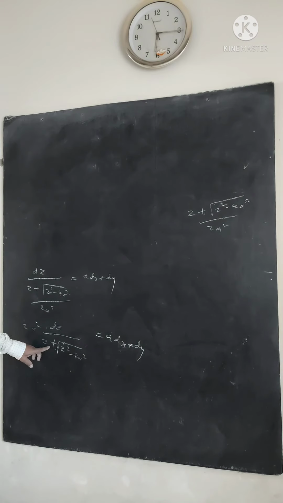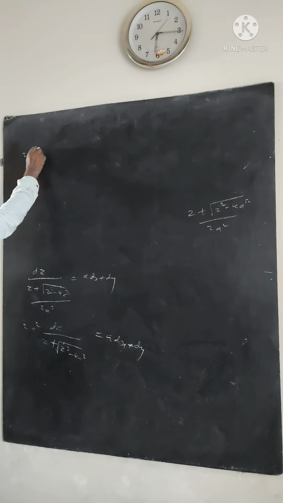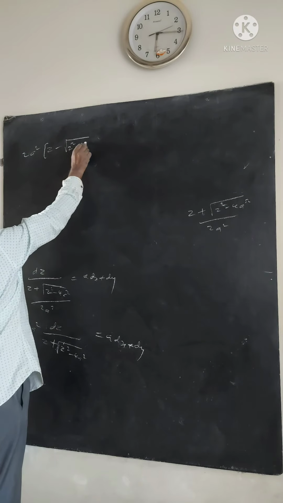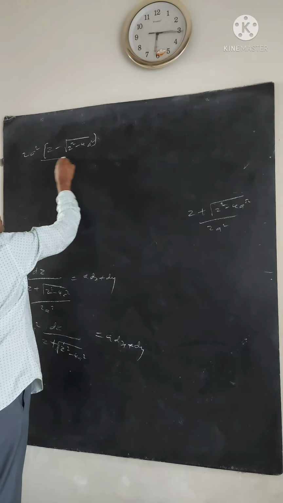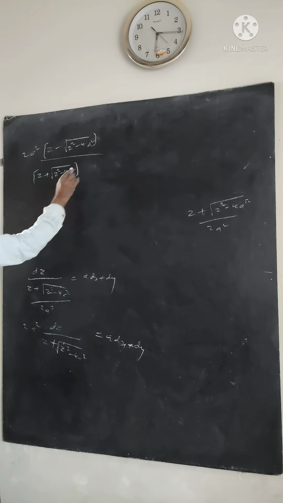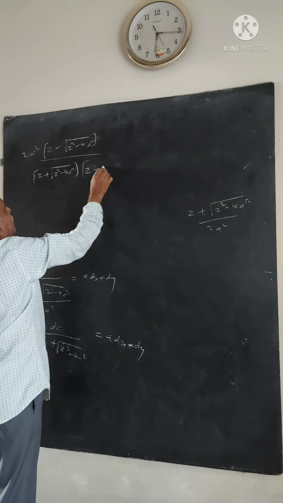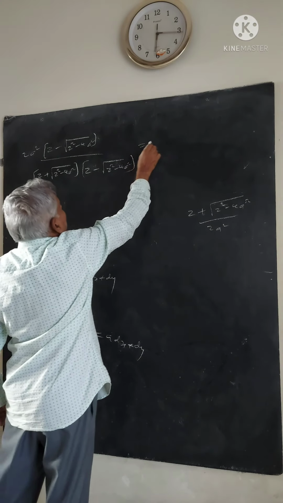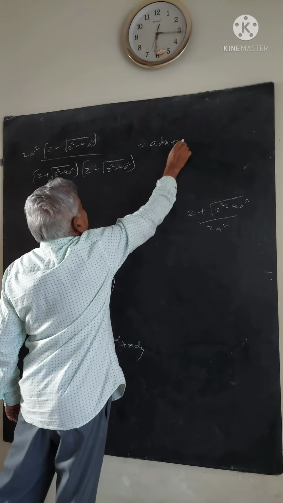Multiplying and dividing by the conjugate of the denominator. Here we have plus, so we multiply by the negative in the numerator and denominator. 2a square dz, z minus root of z square minus 4a square, divided by z plus root of z square minus 4a square times z minus root of z square minus 4a square, equal to a dx plus dy.